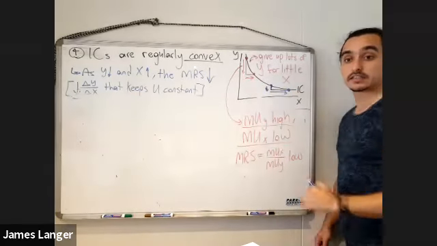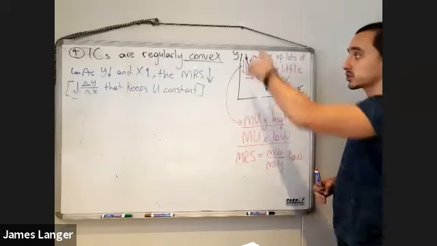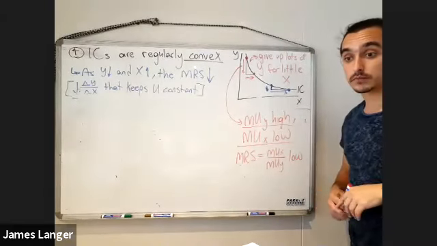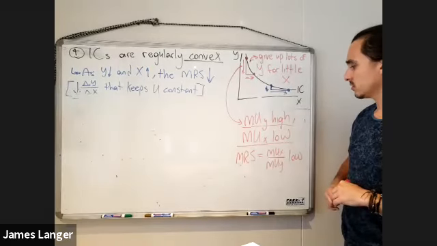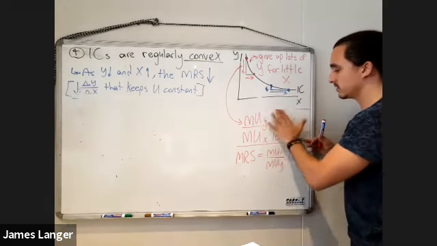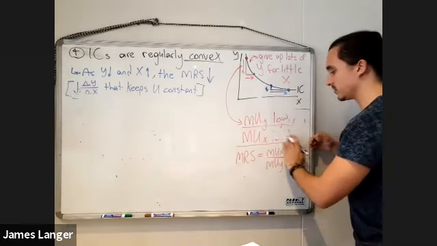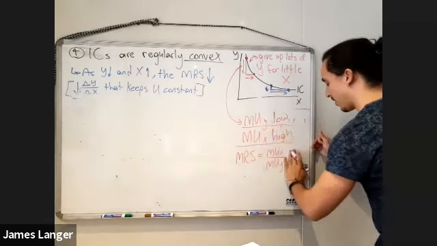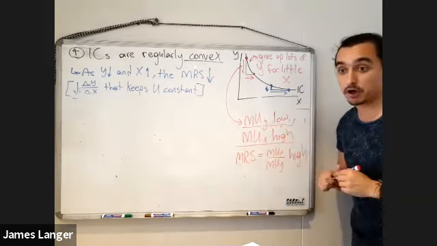And you can see that. It's a steep line. It means that the absolute value of the slope is quite small. Okay. Sorry, MU. This was an error. Apologies. MUY is low and MUX is high. And therefore, the MRS is high. Sorry, you might have been getting confused there for a moment.